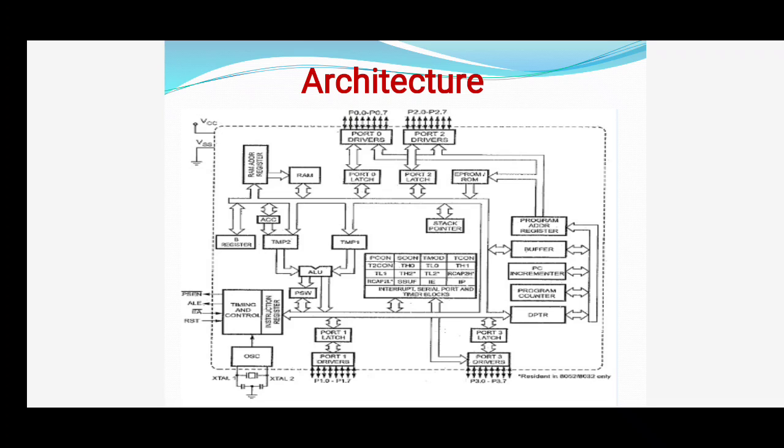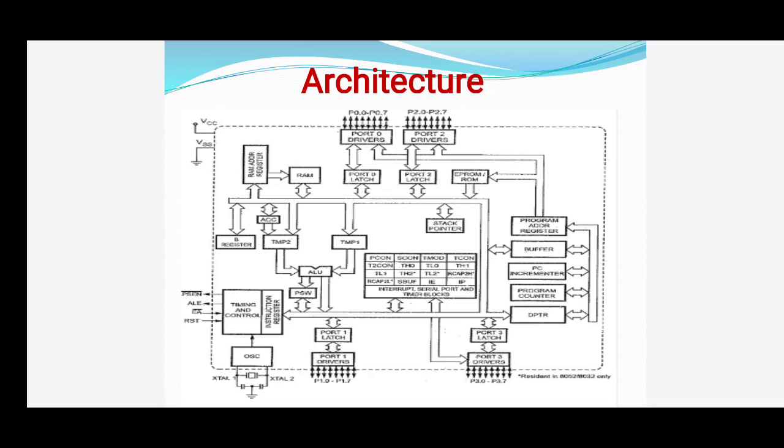The program counter contains the address of the next instruction, which means the address of the next instruction to be read from ROM is in the program counter. The PC incrementer is responsible for updating the content of the program counter according to the execution of the program.